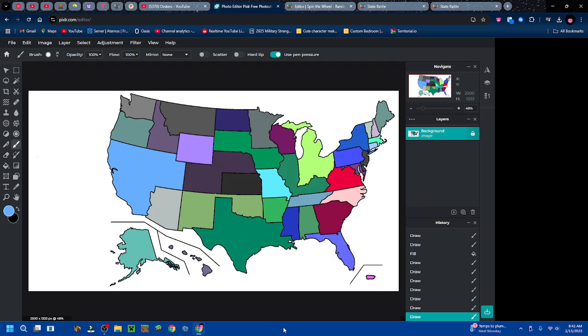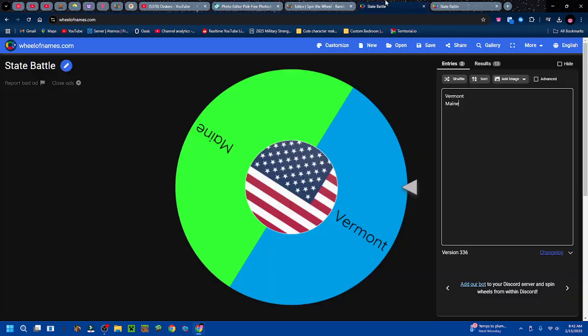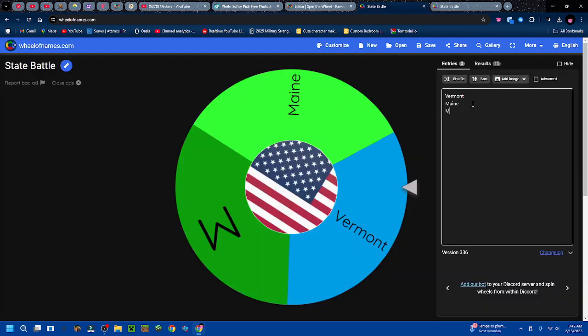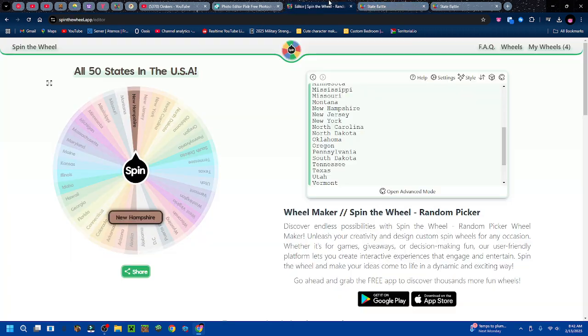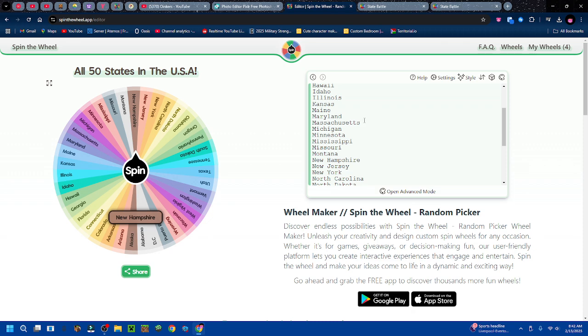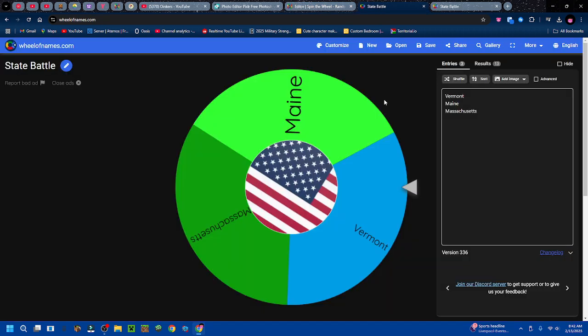Who else do they border? They also border Massachusetts. Okay. Massachusetts. Did I get it right? Yes, I got it right.